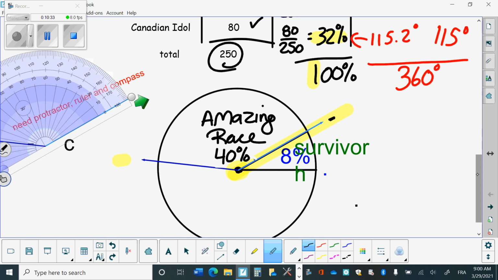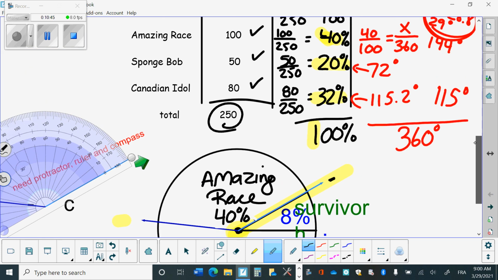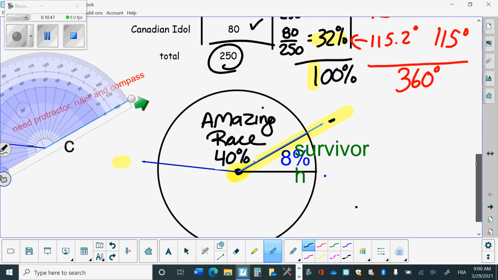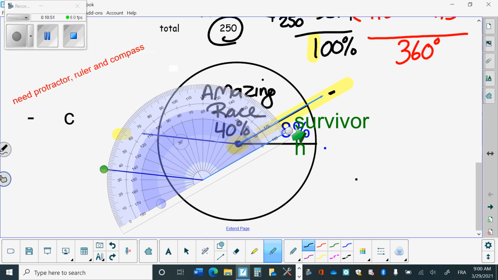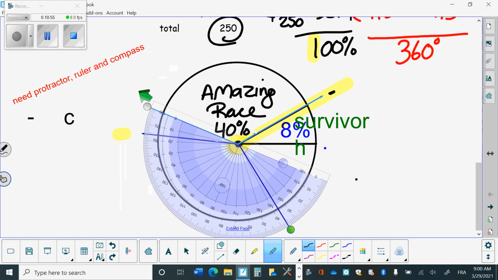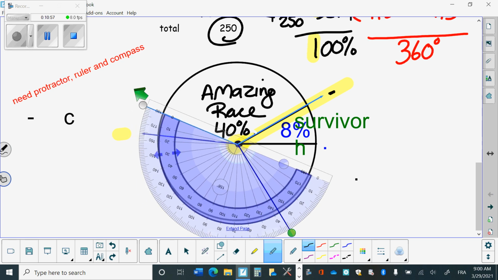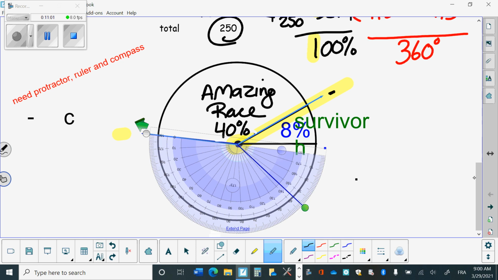50% would be half a circle, and then you keep on rotating all the way around to complete that whole thing. So I now have two things left to draw. I have a 72 degrees, which I can easily go get. Again, I'm going to be upside down now, but definitely rotate your paper if you need to. There's my center, and there's my 72 degrees.